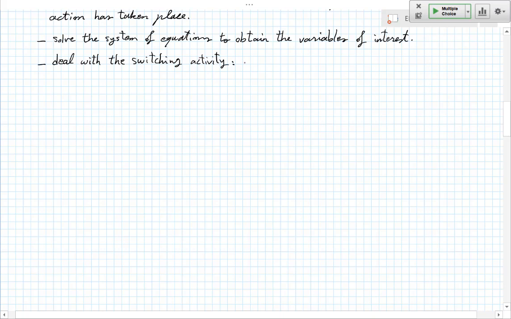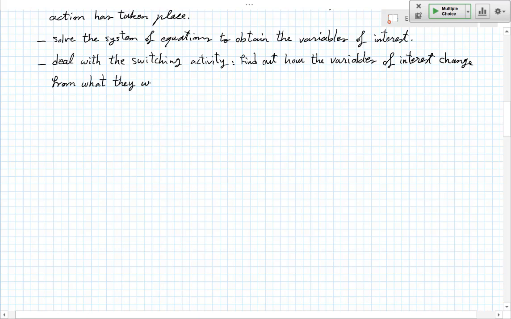That means find out how the variables of interest change from what they were just before the switching activity took place.